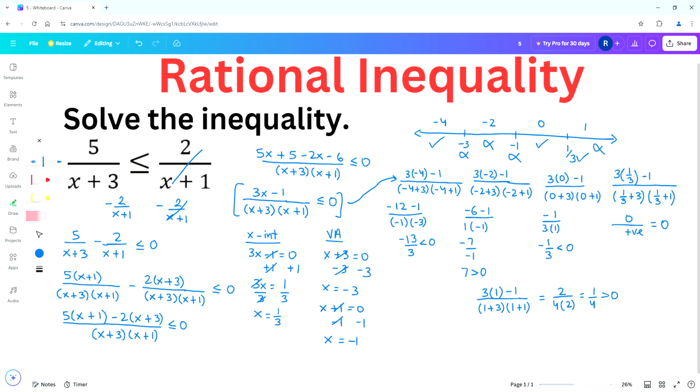Now we can write the solution for the inequality. We can write the solution in inequality notation as shown, and we can write this solution in interval notation as shown.